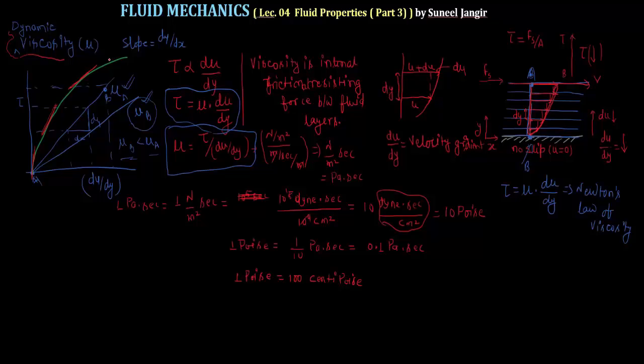You can see the slope decreases as you move from this point to this point. So the slope is not constant, it is variable here. This means it is not following Newton's law of viscosity.